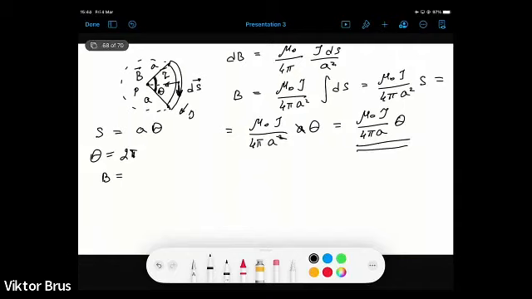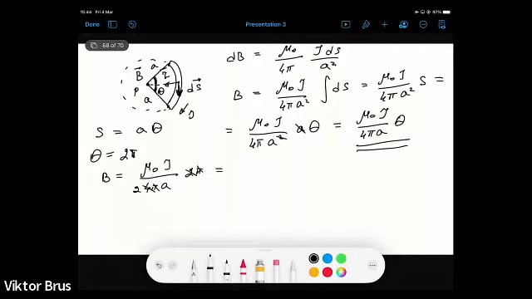which is equal to mu naught I divided by, so what do we have, 4 pi here, a, and here will be 2 pi. So we can cancel these. Here will be 2.